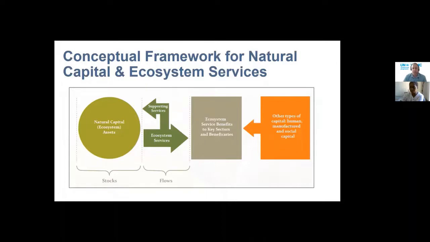And the idea of this returning supporting ecosystem services arrow is to capture this idea that ecosystem functions and processes are dependent on a sufficient amount of energy, nutrients, species interactions, fresh water, etc. So, for example, rivers need a minimum environmental water flow to function properly.